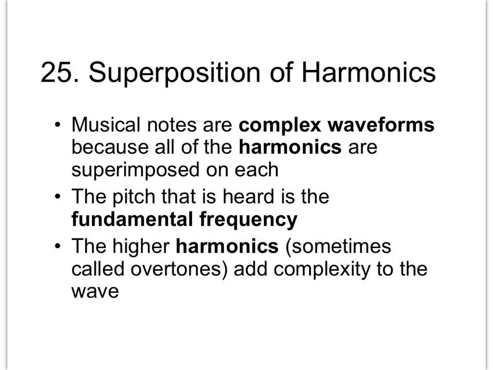The pitch you hear, as I said before, is the fundamental frequency, and those additional higher harmonics add complexity. Sometimes they are referred to as overtones, which is another word for them. So you have your fundamental, and then you have the various overtones, additional tones on top of that. But harmonics works perfectly well too.